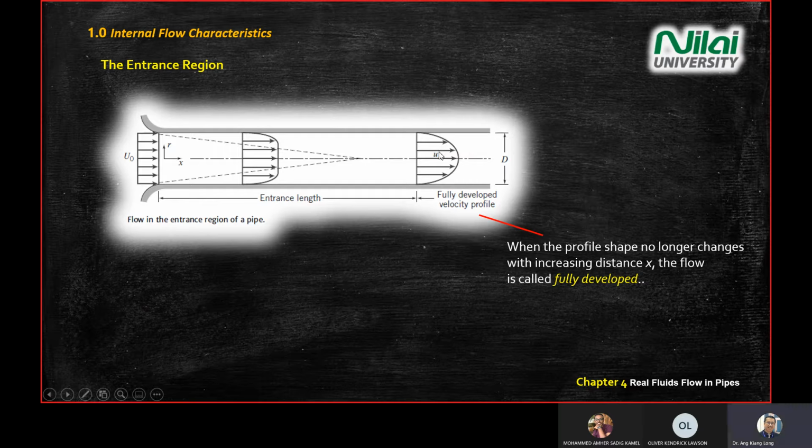So when the question mentions derive the equation for fully developed velocity profile, it means that you have a constant shape of velocity profile after a certain length.